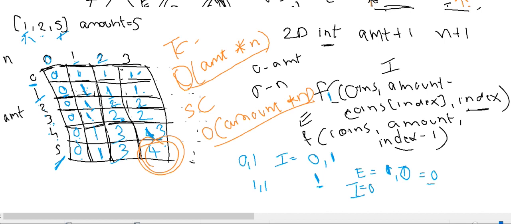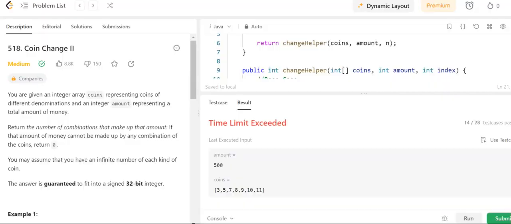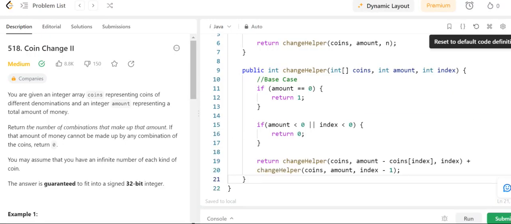Now, let's write the solution and see if we are able to pass all the test cases here. Okay, let me reset this.